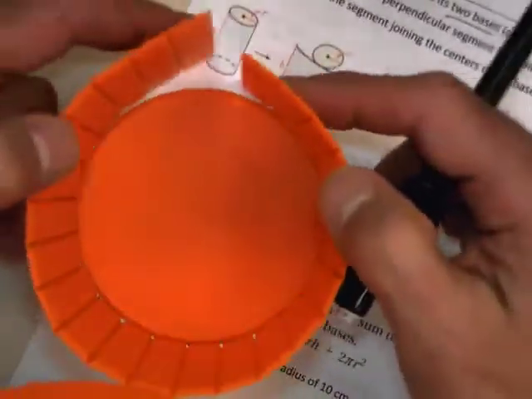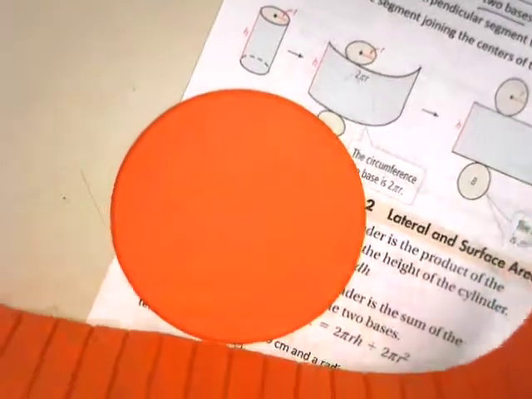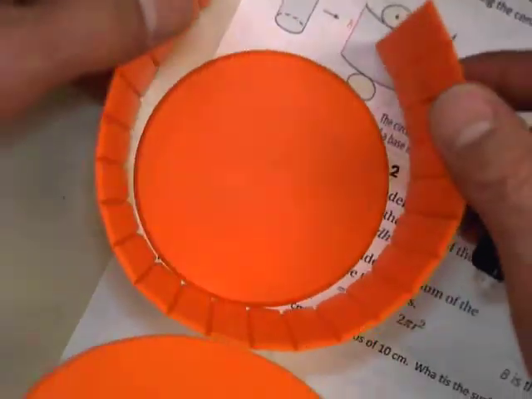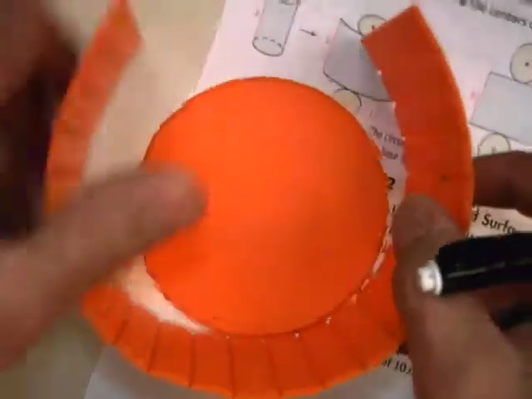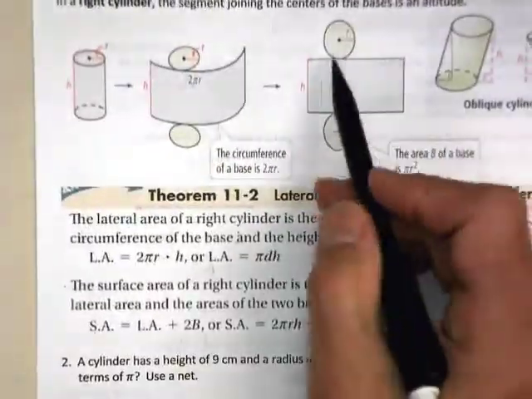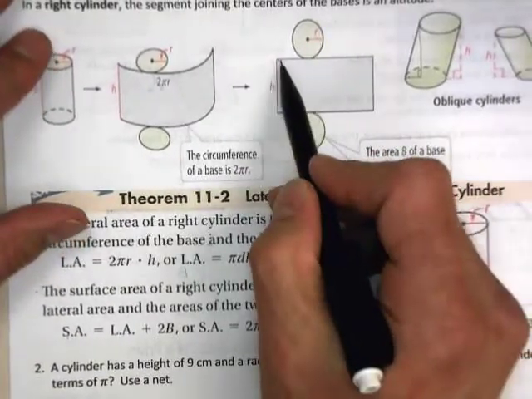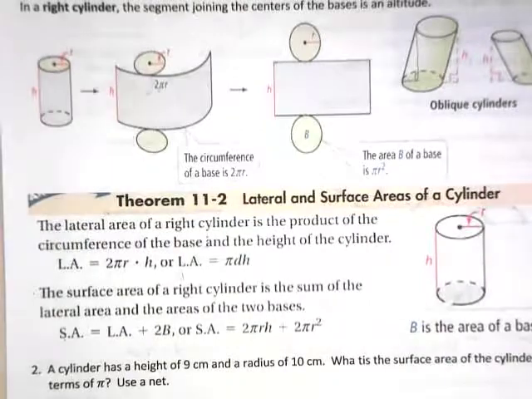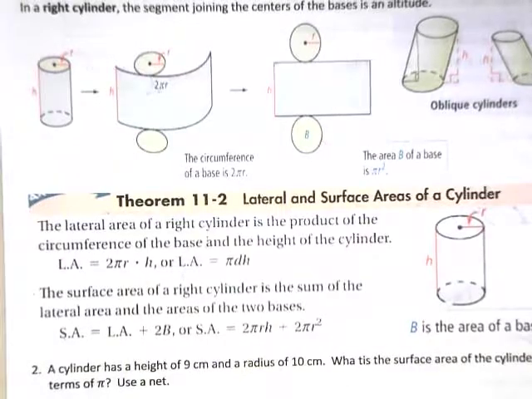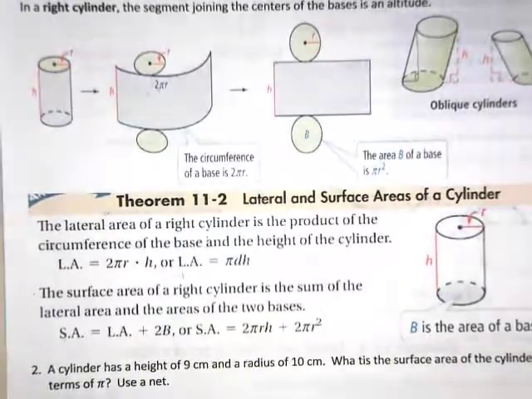When I fold it back up, that length goes all the way around the circle. So the length of the lateral area is the circumference. I probably should have made that here. Good. So let's do that.